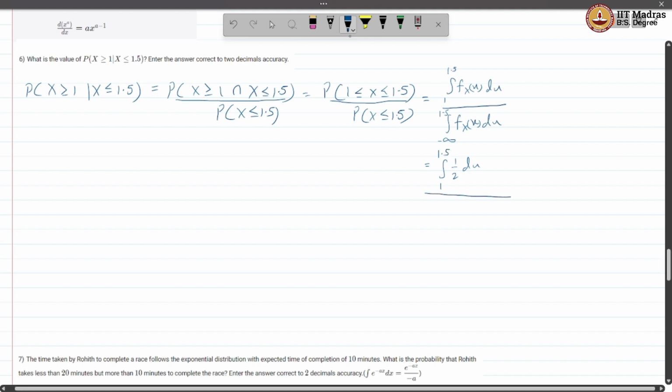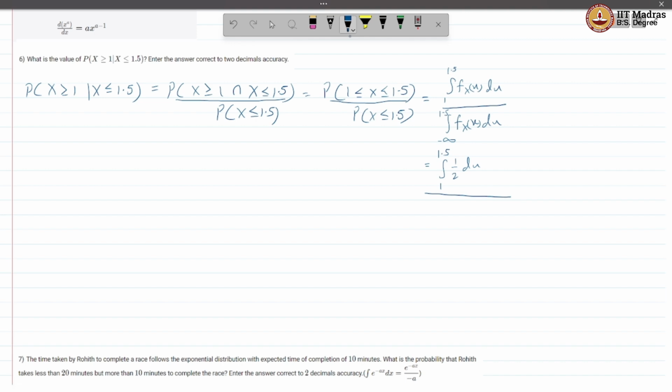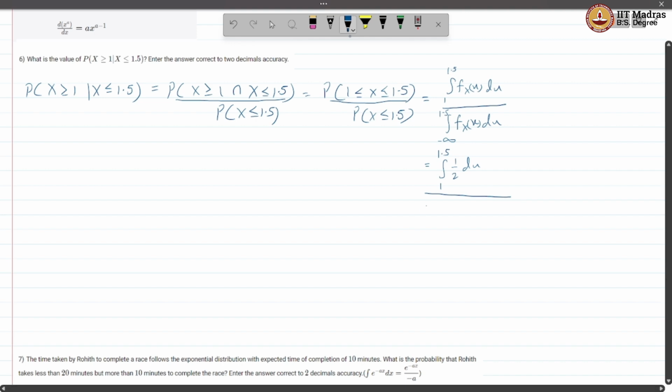and in denominator, as the PDF is piecewise defined, this will be equal to integration of 4x with respect to x from 0 to 1 by 2 plus integration of 0 with respect to x from 1 by 2 to 1 plus integration of 1 by 2 with respect to x from 1 to 1.5.